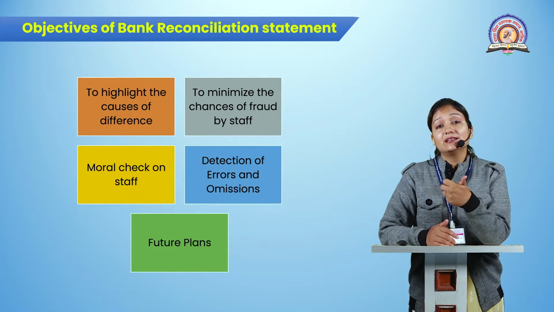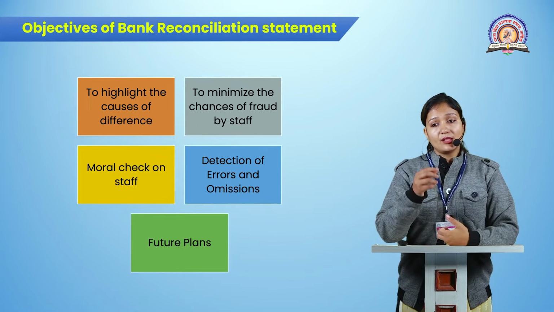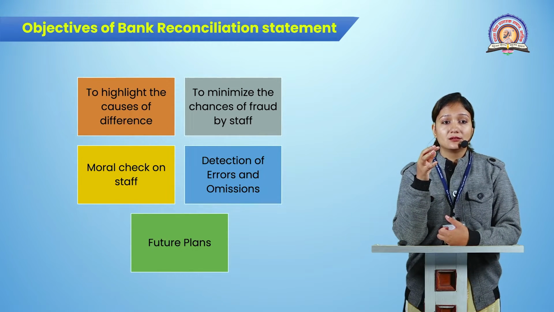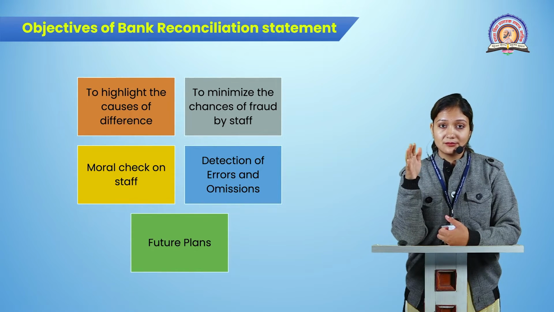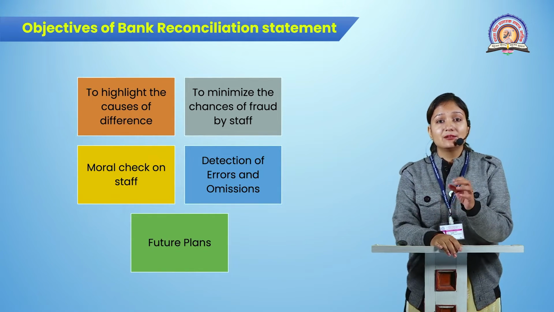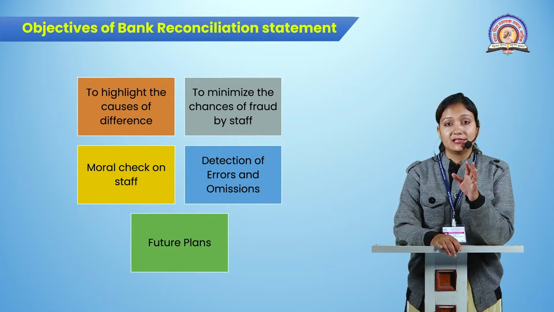The second thing is omissions. Omission means, for example, I have skipped something. We are just taking out or skipping it, not knowingly but unknowingly, skipping a transaction.